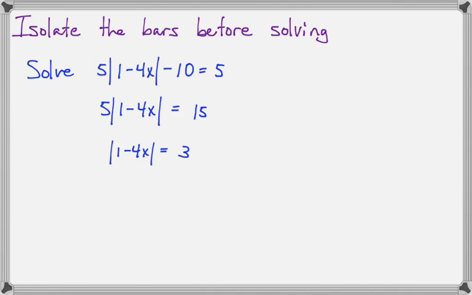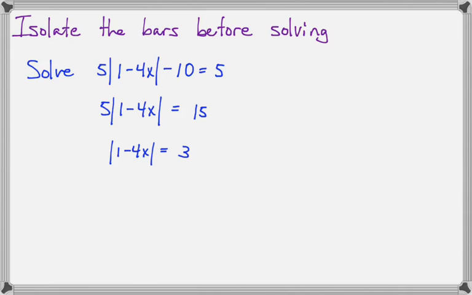So a lot of students ask me, do we have to divide the 5 away, or could we just distribute it? And probably sometimes you could get away with distributing, but I wouldn't get too comfortable with it, because if you distribute a negative, you're really going to be messed up, and it's just a safer thing to divide the 5 away. I really would never distribute through absolute value bars.